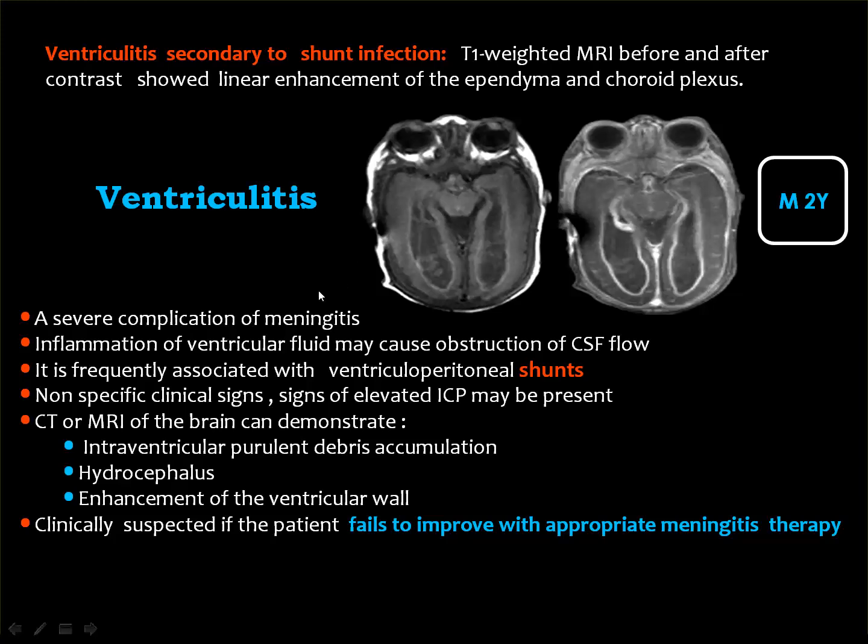Many years ago, they suspected that ventriculitis is a complication of shunt tubes. But now, ventriculitis can be seen in patients with brain abscess, in patients with meningitis, and can be seen per se without any predisposing factor, like in patients with infection in the spine or injection through a lumbar puncture that may not be that sterile.